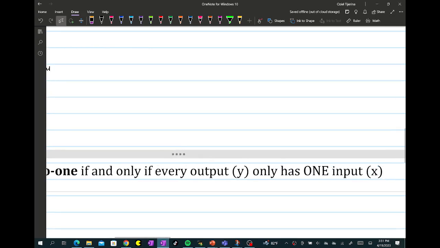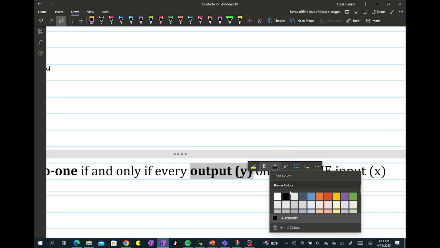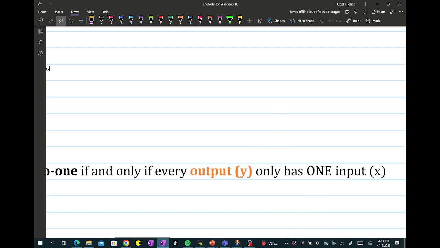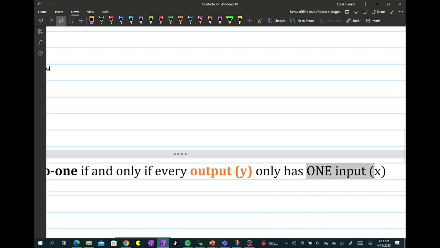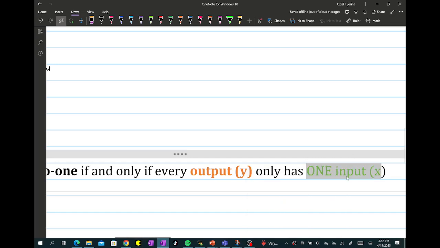This is the definition that I'm trying to make y'all understand.